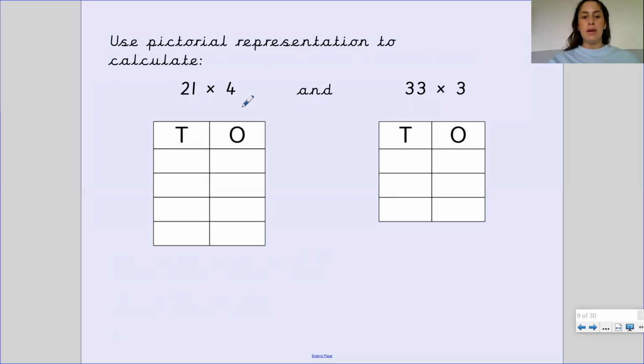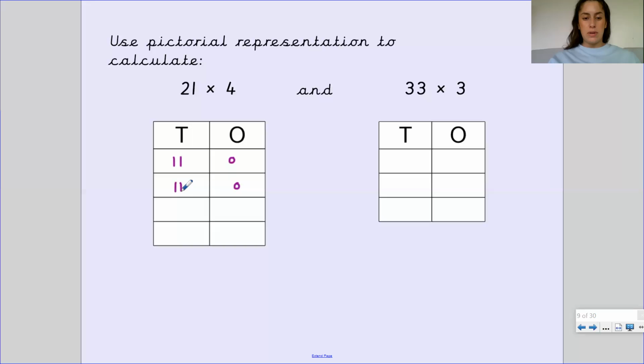Okay, so here, what number are we going to add together repeatedly? Well, it will be easier to add 21 together 4 times because we've got 4 lots of 21. So I've got 1 here. That's 1 lot of 21.